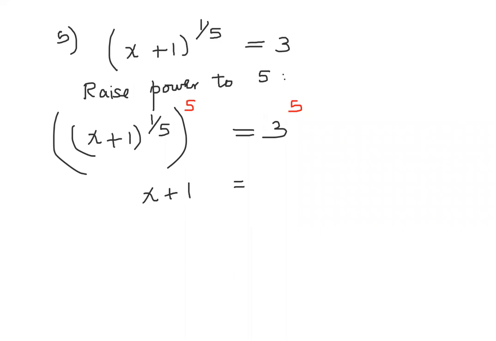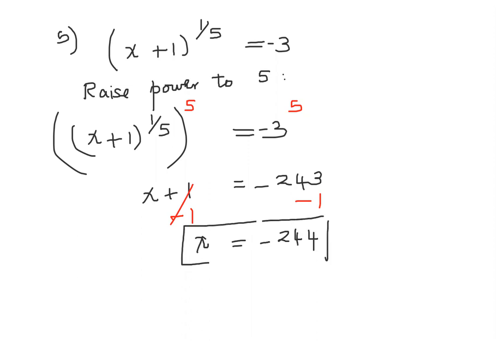And 3 to the power 5th is, sorry, this is negative 3. So it's negative 243. So subtract 1. So we get x equals negative 244. However, whenever you have the power as an odd number here, we don't have to check our answer. Only for the even power, we might get false solutions.